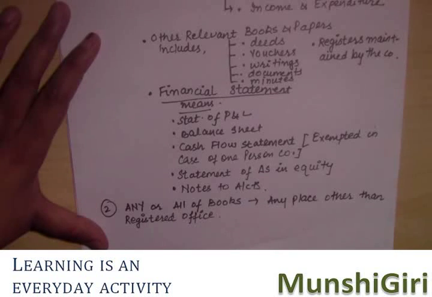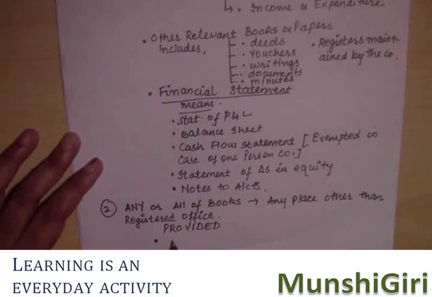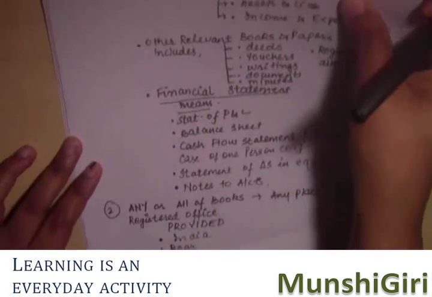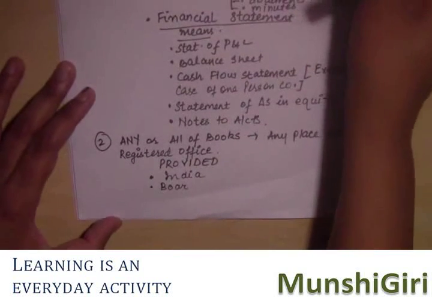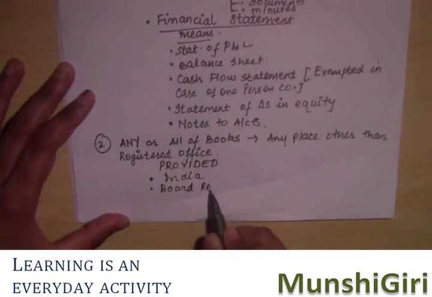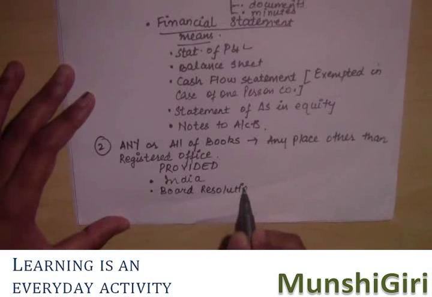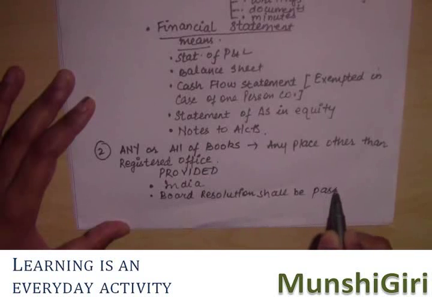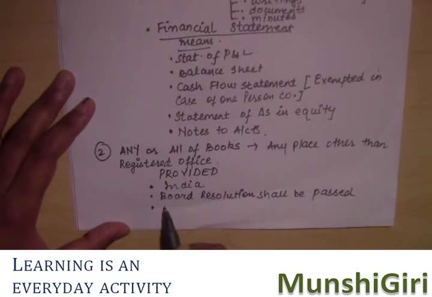For that, there are certain conditions to be complied with. First condition is that such other place must be in India. Second is that a board resolution must be passed. And third is that the company has to intimate the registrar.